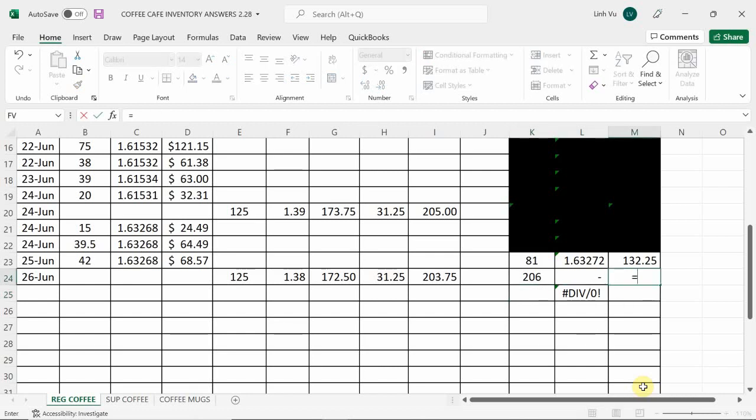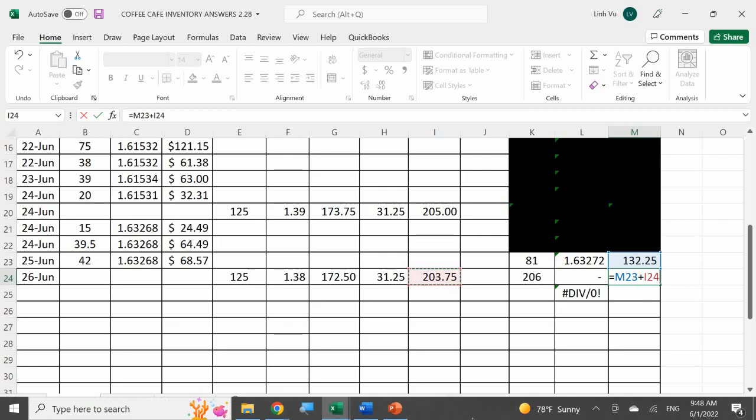And my ending balance of $132.25 plus $203.75 gives me a total of $336 even, which decreased my average cost per item by 1/10 of a penny.